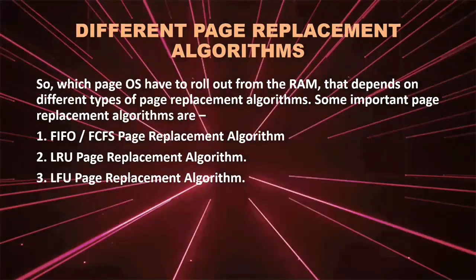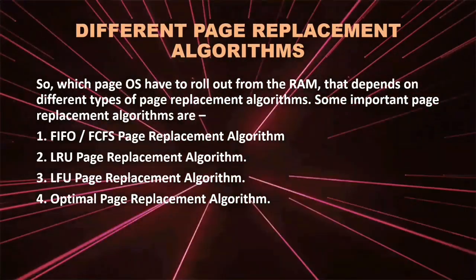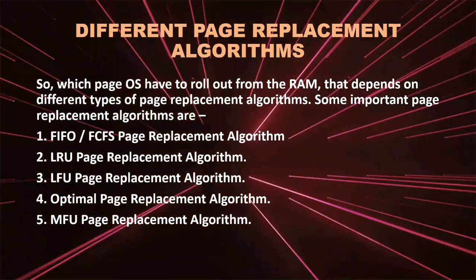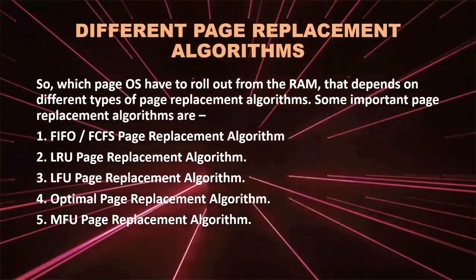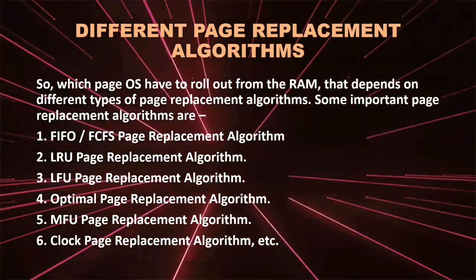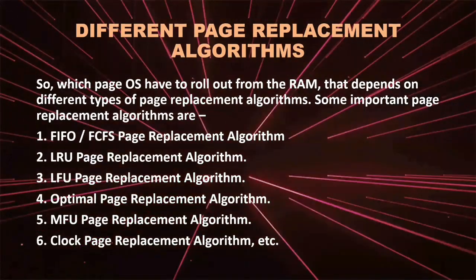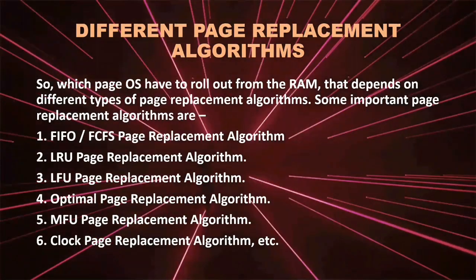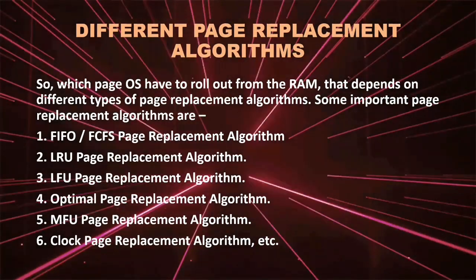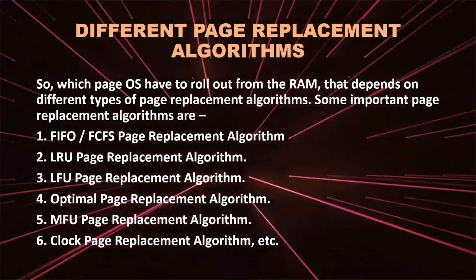Number 4 is the optimal page replacement algorithm. Number 5 is the MFU page replacement algorithm, that is, most frequently used. Number 6 is the clock page replacement algorithm, and so on. There are several page replacement algorithms, and I just mention here the names of some famous ones.